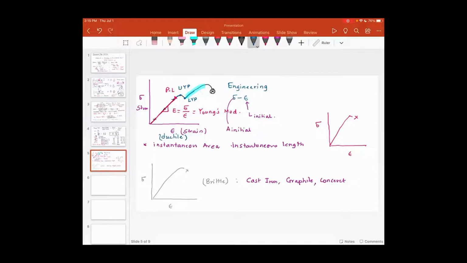The ductile materials are steel, brass, and copper. So different materials behave differently, and we have to be comfortable with the material properties before we actually select the material.